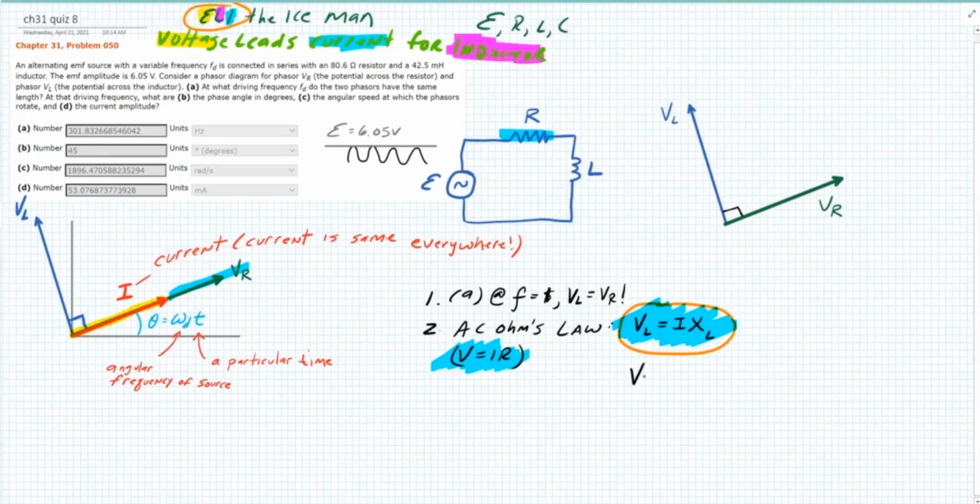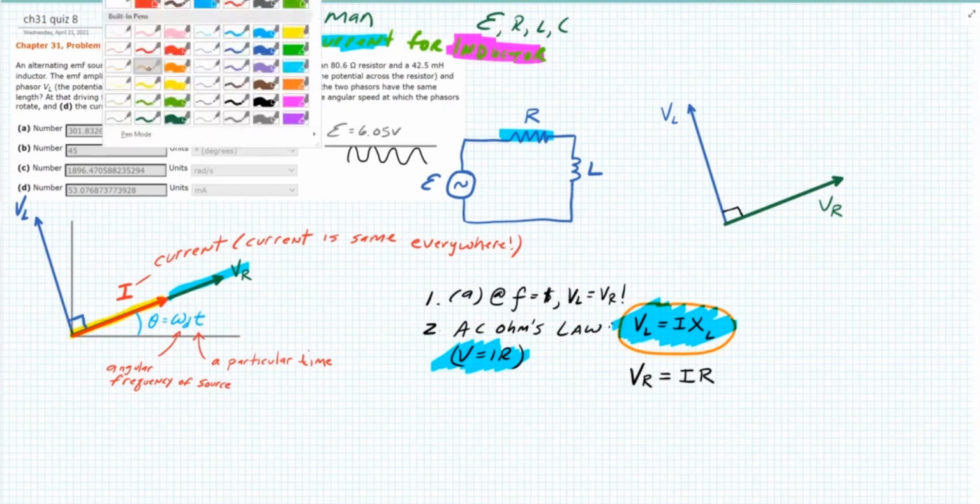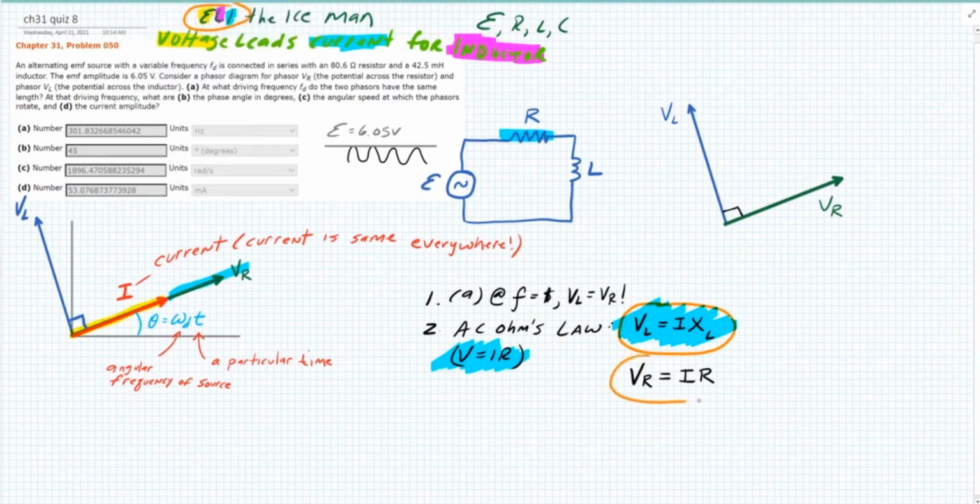So the voltage drop across the resistor is just going to equal the current going through a resistor times the resistance. So these are my two Ohm's laws expressions. This is Ohm's law for a regular old resistor. This is Ohm's law for the voltage drop across an inductor.